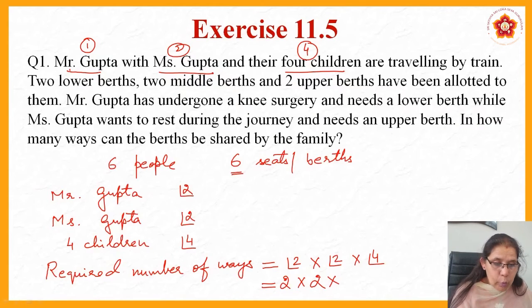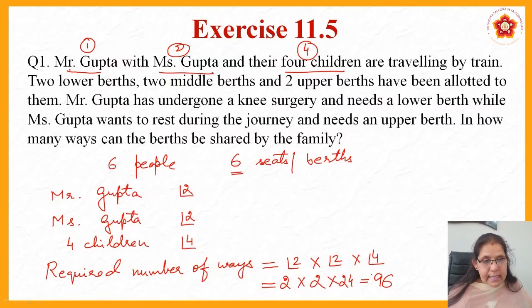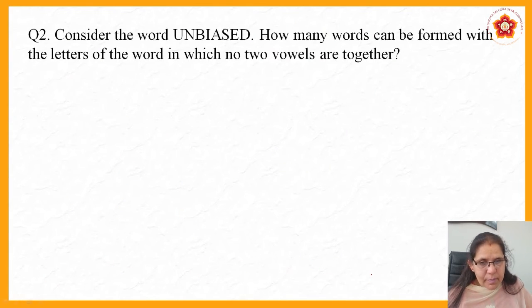Again I write down 2. And what is factorial 4? 4 into 3 into 2 into 1. 4 3s are 12. 12 2s are 24. And what answer do you get when you multiply 4 by 24? We get 96. So 96 is the answer, or in 96 ways the berths can be shared by the family under the given conditions.